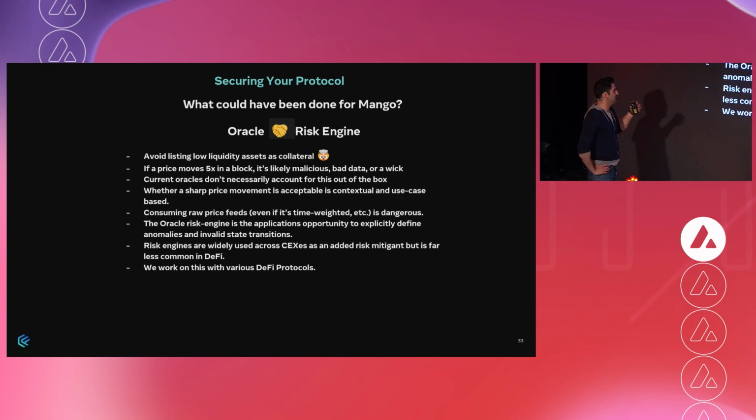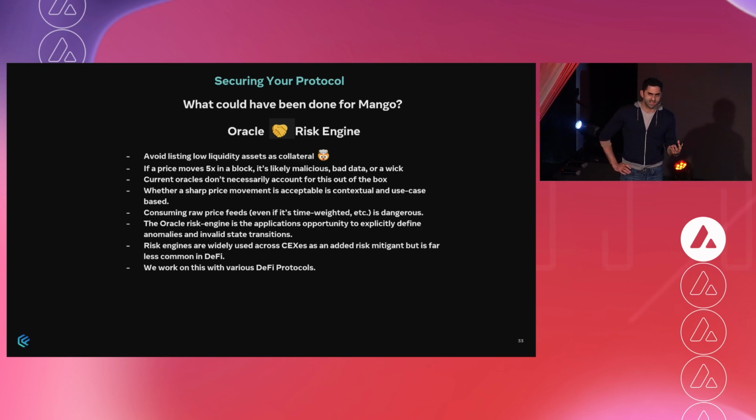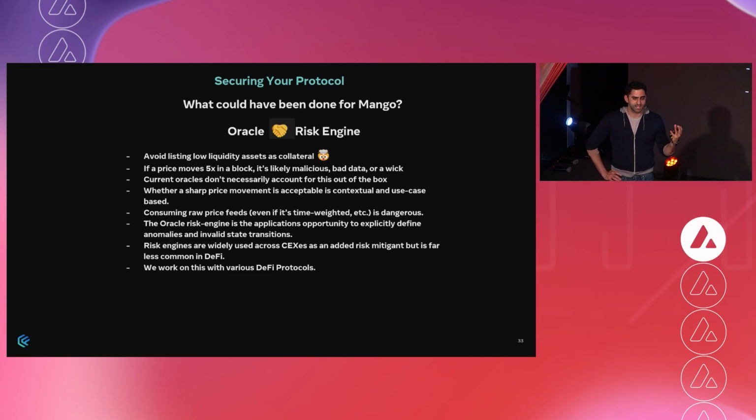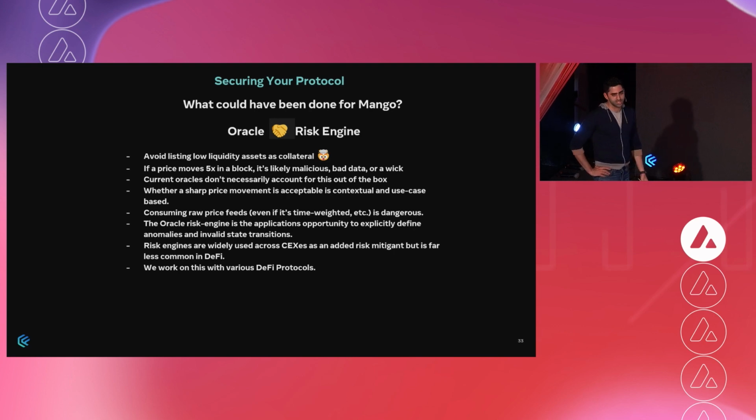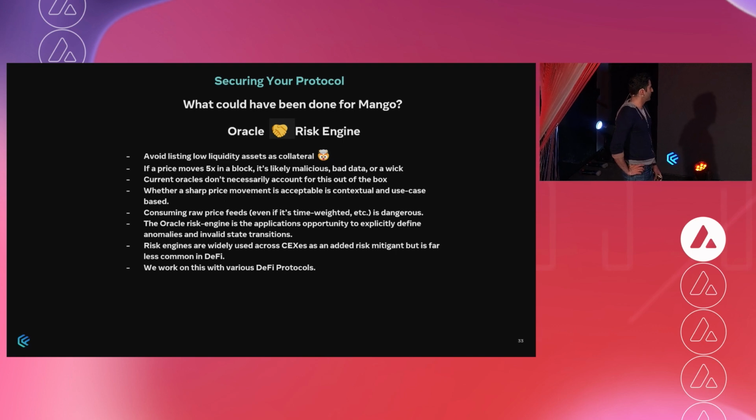Now, this idea of looking at a price oracle and deciding what is a valid transition or what is a valid jump in price, you can think of as applying a risk engine to your oracle. No longer taking everything that Chainlink or different oracle providers provide as absolute truth, and defining what is an illegal state transition.